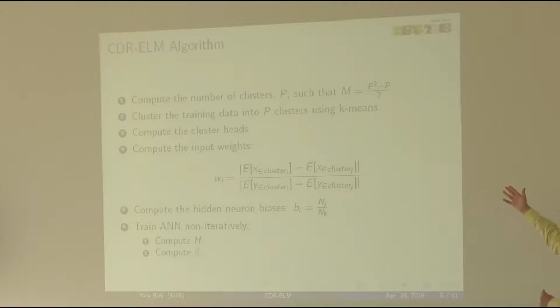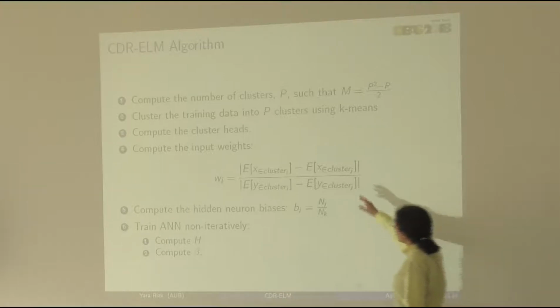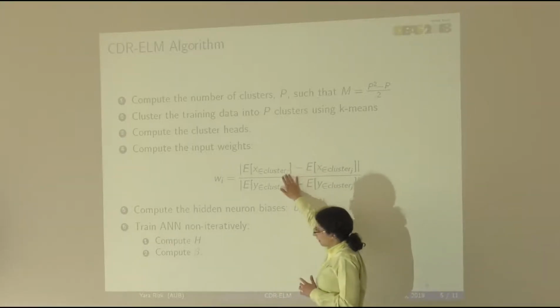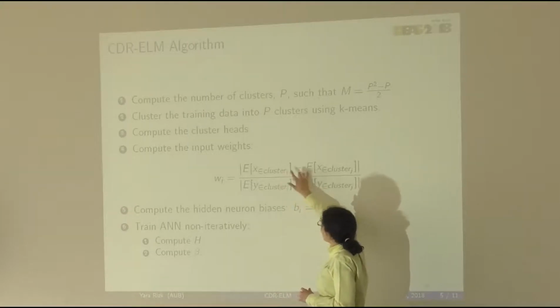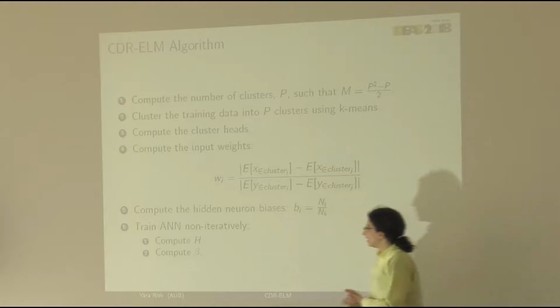We set the number of clusters to be proportional to the number of hidden neurons that I have. So in this one hidden layer, I have m of these neurons. That's how I compute my p. And then I just take the differences between the cluster heads, having them represent kind of the different classes that we just created. So once I do that, I take the cluster heads, I take their difference, and that's how I assign my input weights.